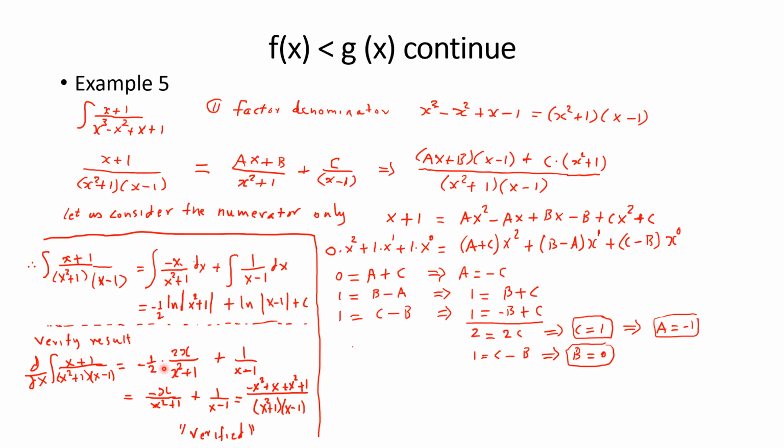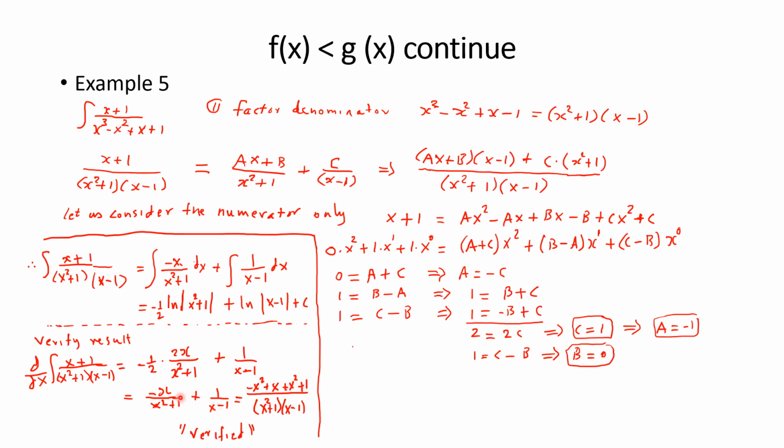Okay, so now we have the 2 goes with the 2, and we will have negative x on the top divided by x squared plus 1, plus 1 over x minus 1. If you cross multiply, you will get x squared plus 1 in the other side.